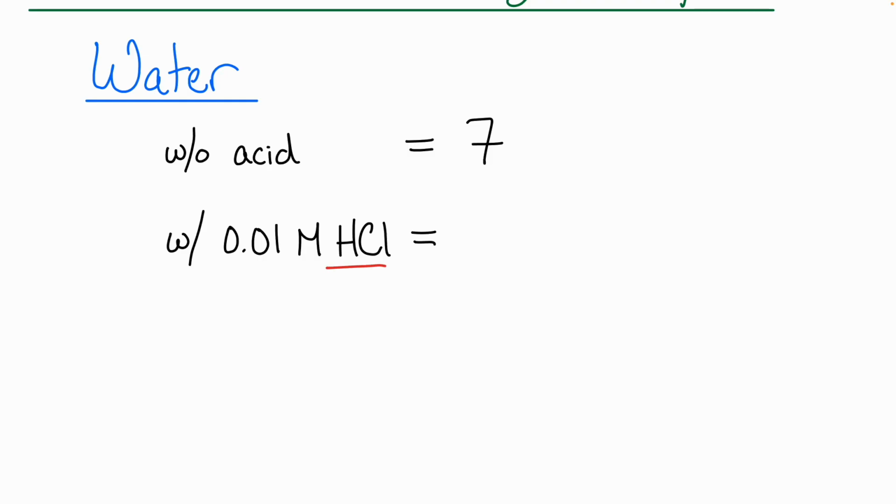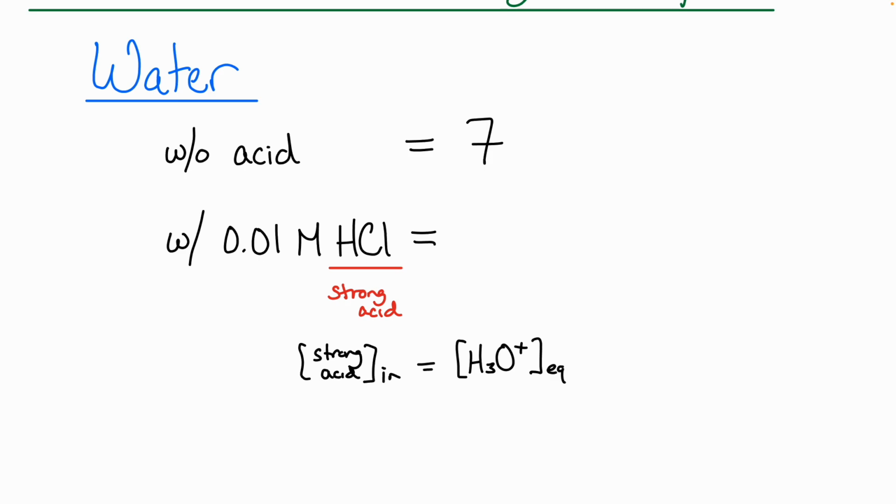So remember, how do we know what this is? Because, okay, importantly, this is a strong acid. And as we've established, that means that the concentration of that strong acid initially is going to equal the concentration of hydronium at equilibrium.